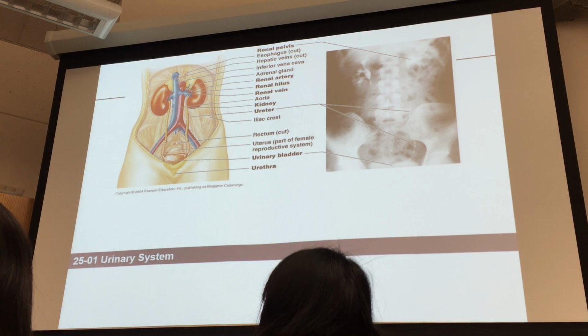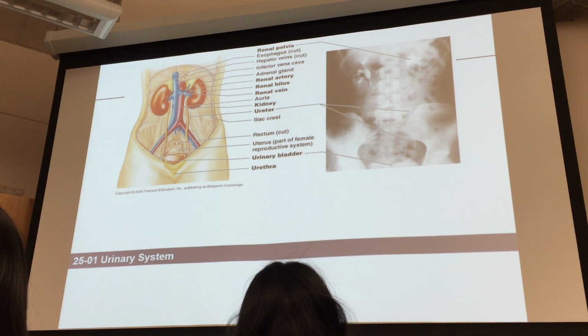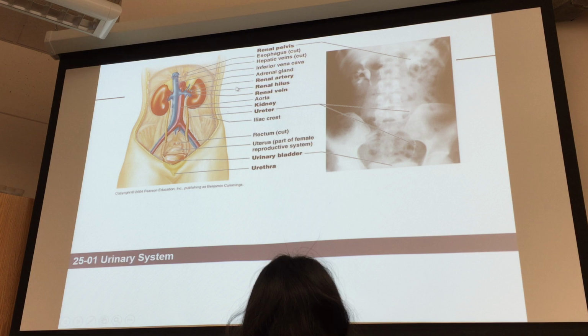You'll need to know afferent and efferent arterioles as they apply to the kidney. But as far as all of the arteries and veins related to circulation of the kidney, they are not on the exam. This is when you guys go, thank you for not doing that. Okay, good.